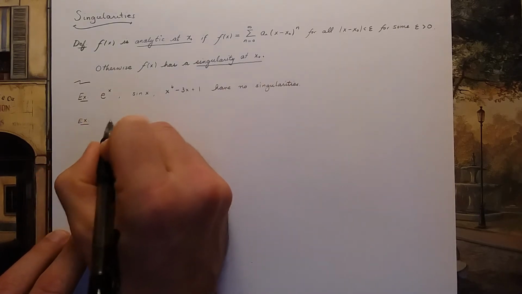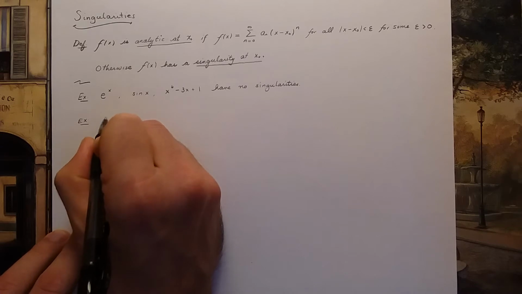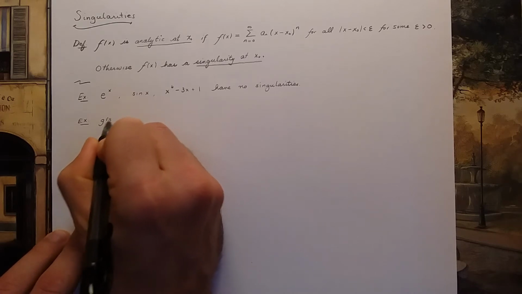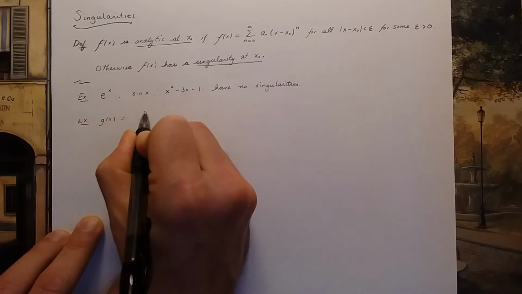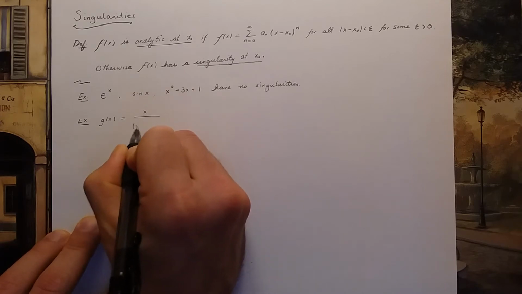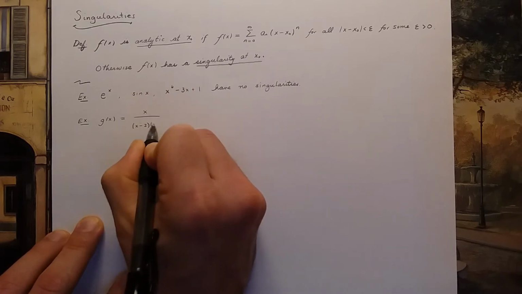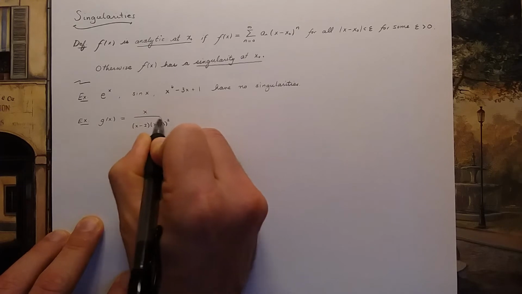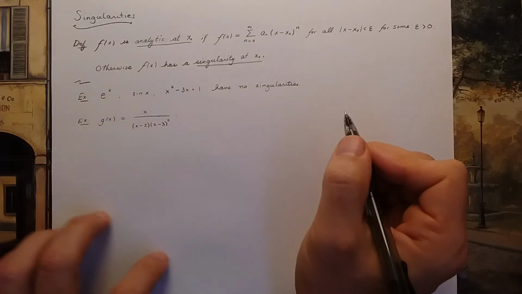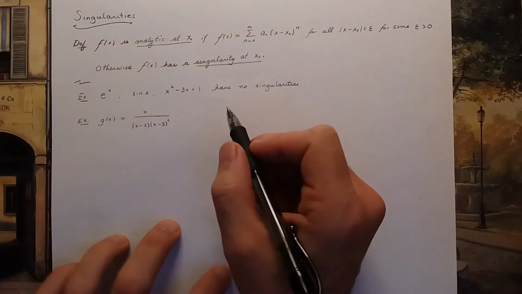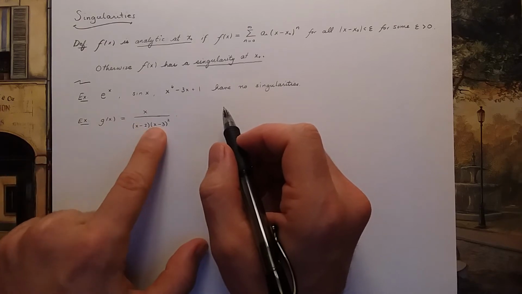How about the function, let's call it g of x, equal to something over x minus 2 times x minus 3 squared. So this function has problems at 2 and 3.